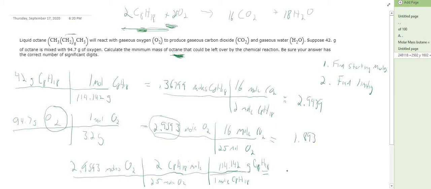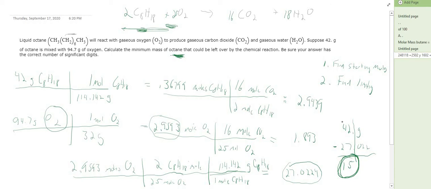I get 27.0224, something like that. That's how much I've consumed. Well, how much did I start off with? I started off with 42 grams, and if I subtract how much I consumed, that's going to give me about 15. The answer to this one with the right number of sig figs is going to be 15 grams.